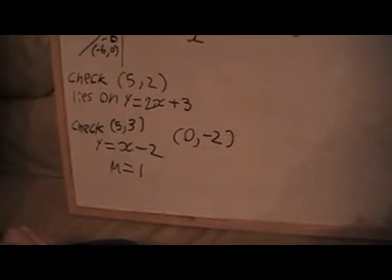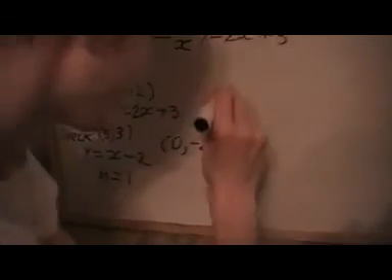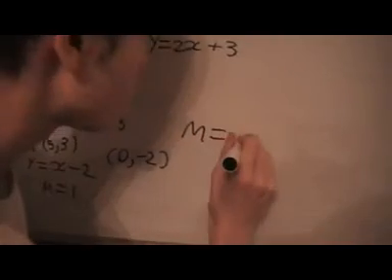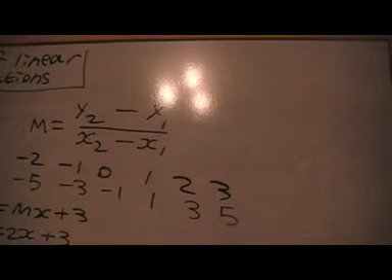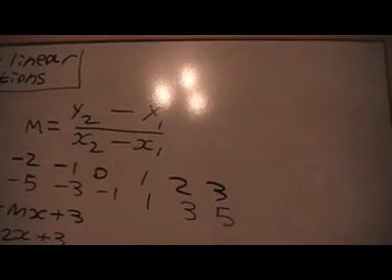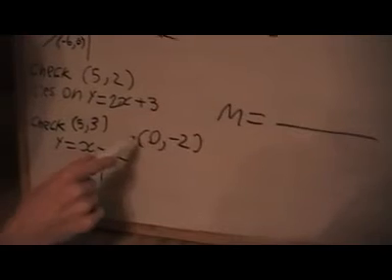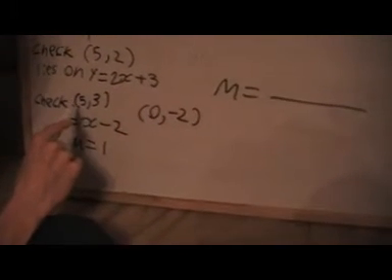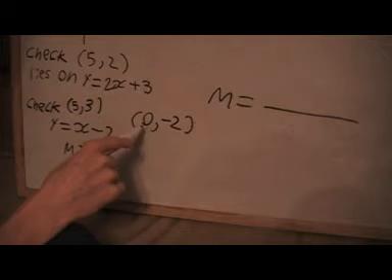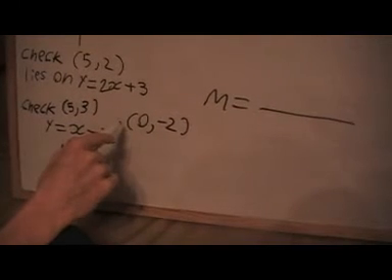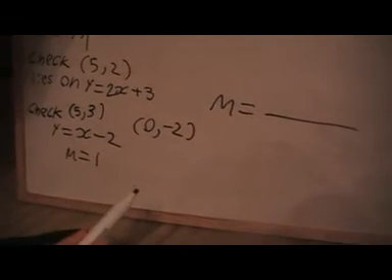So now that we've got 2 points here, we can use the formula up here to find out what the gradient is for this line. I'm going to take this to be x2, y2, and this to be x1, y1, just because it seems to work out better.